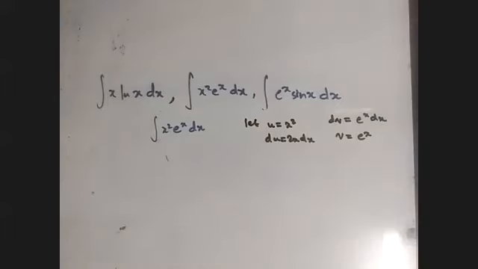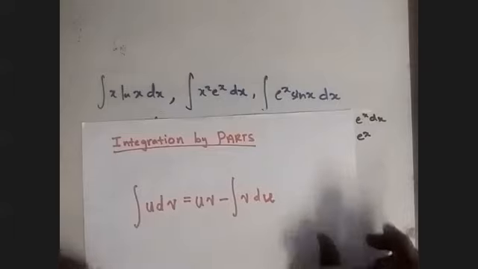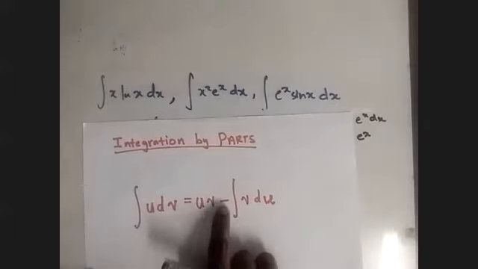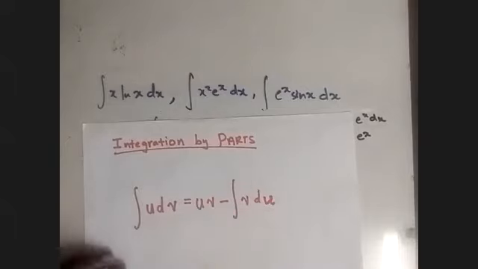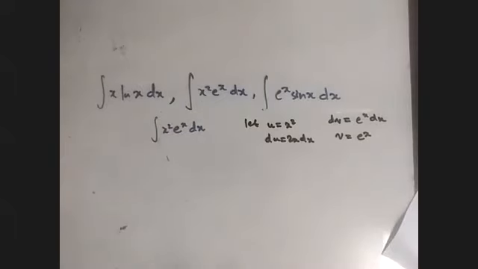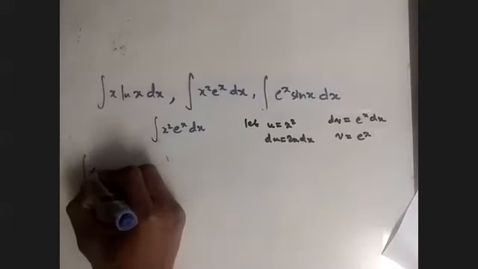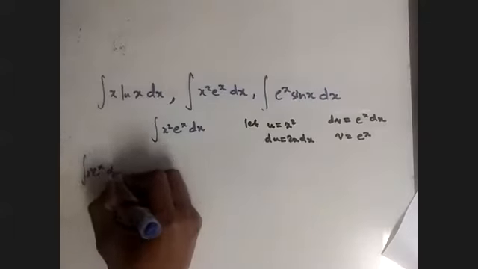Okay. So as we know, by the rule of integration by parts, we have defined our u, we have defined our dv. Now we have to find u times v minus the integral of v times du. So we have our integral of x squared e to the x dx.